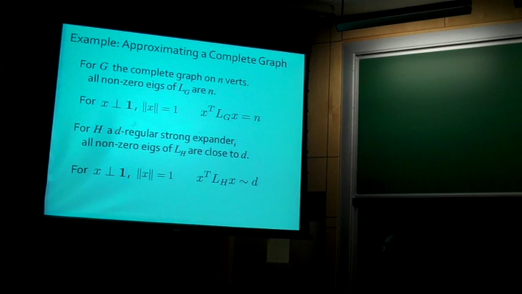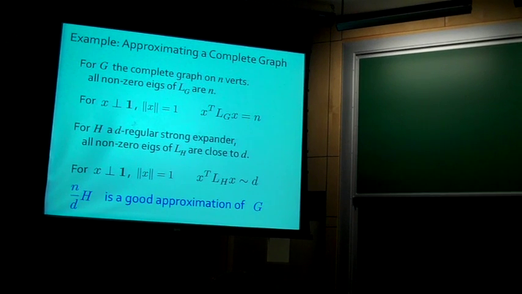So this is really a statement that when you have these strong d-regular expanders, all the eigenvalues are highly concentrated. This means that if I take this expander and multiply the weight of every edge by n over d, I blow up the weights of the edges, and I get a very good approximation of the complete graph. So expanders give us the best approximations we know of the complete graph. And that's a good place to start.